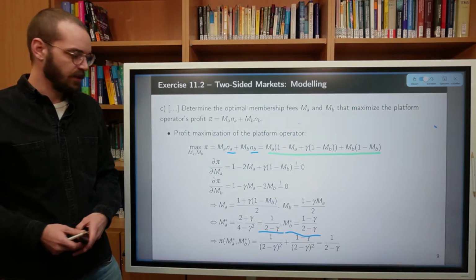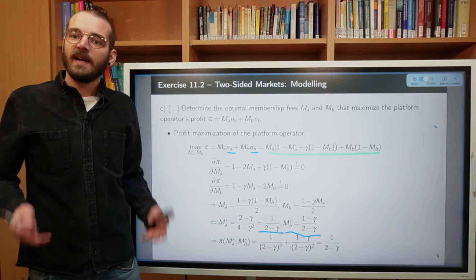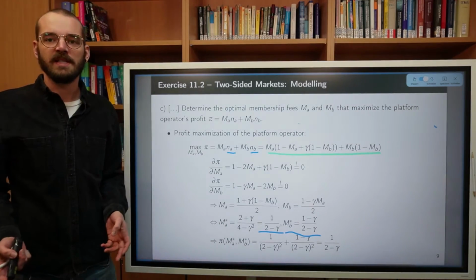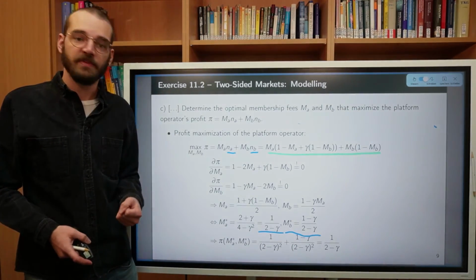So we get the profit maximizing membership fees as a function of the spillover parameter and other model parameters that are not membership fees.